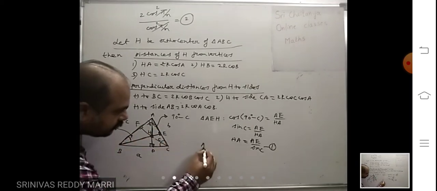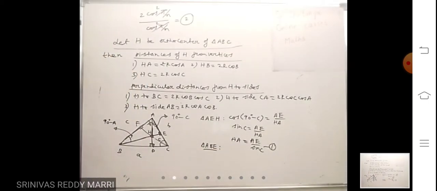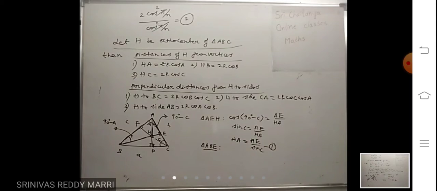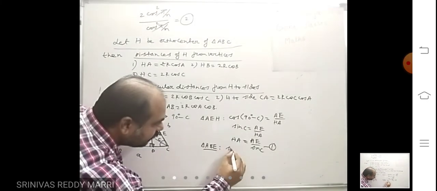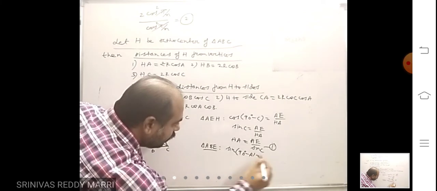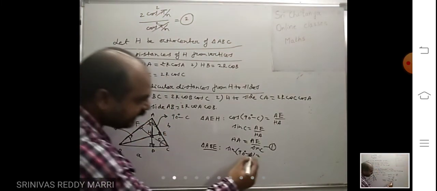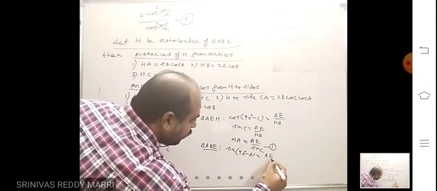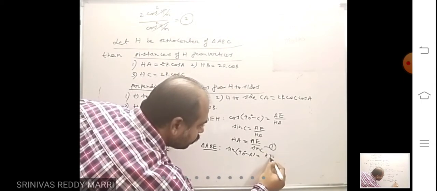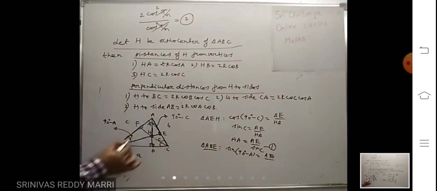Now I am considering triangle ABE. Sine of 90 minus A is nothing but AE divided by the hypotenuse, which is AB.